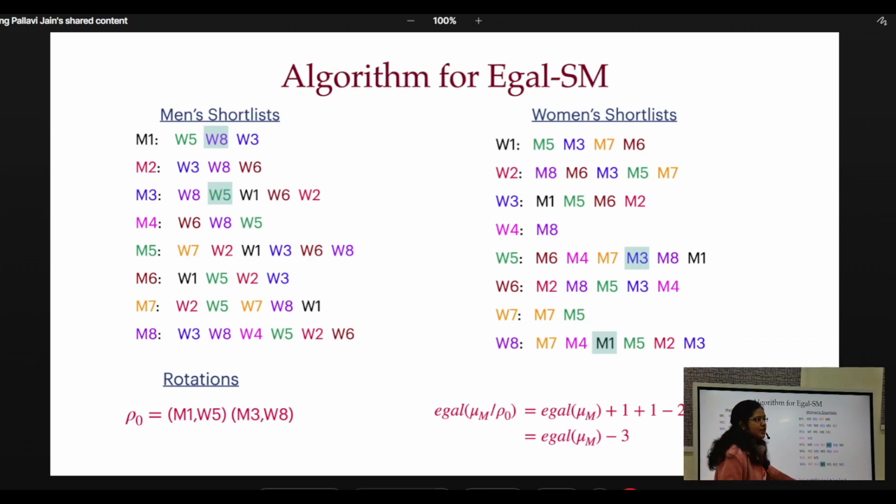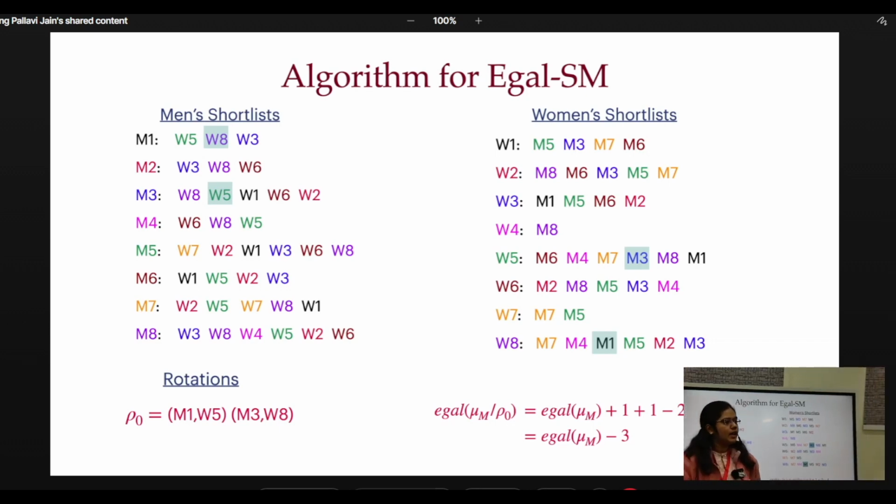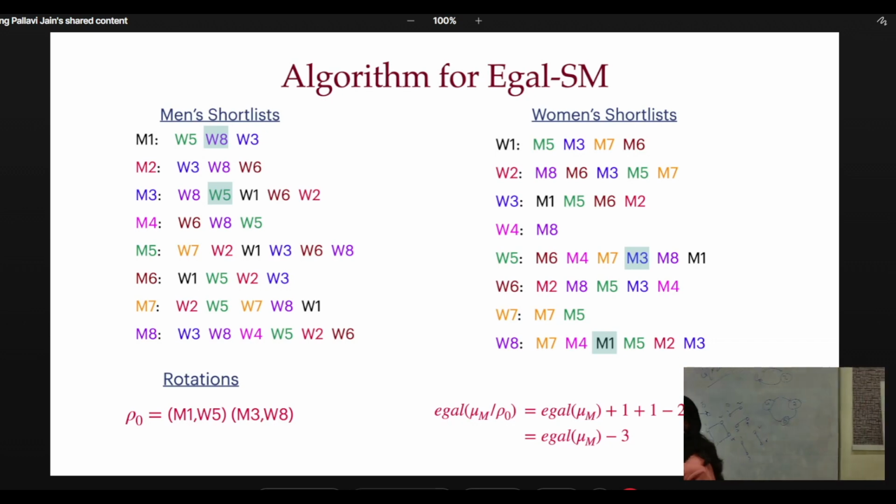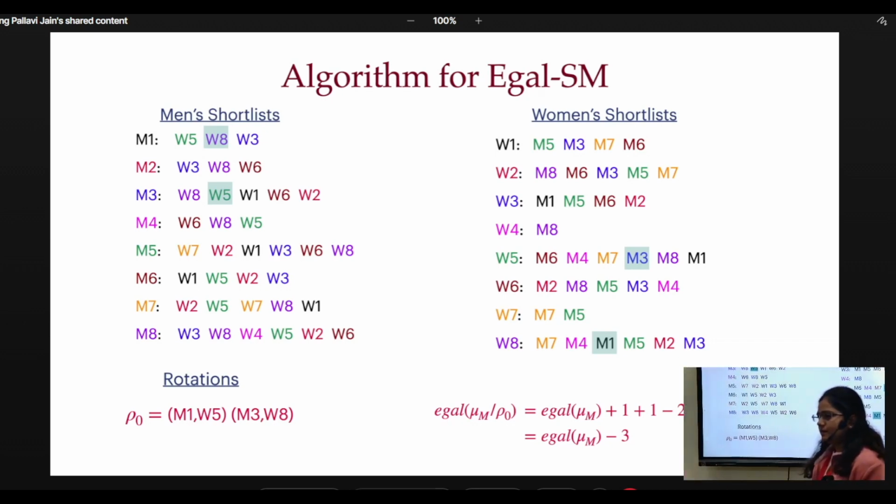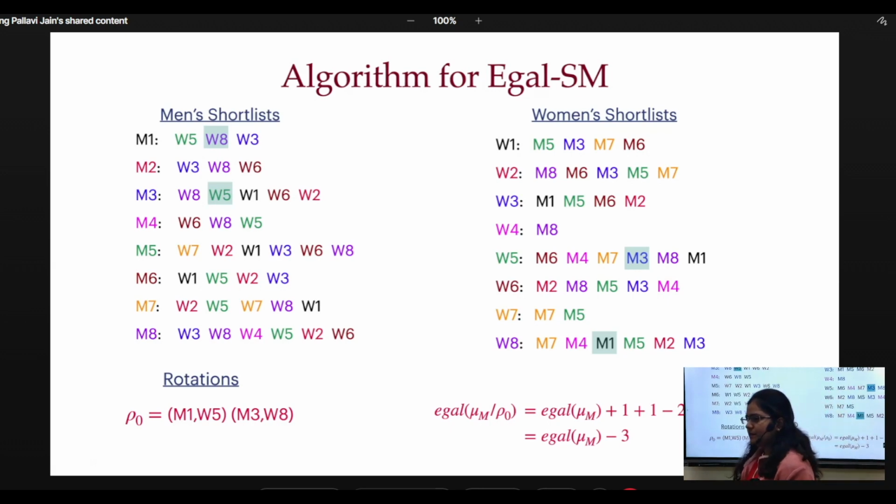So this is basically just a notation that says that you have eliminated rho naught from UM. It's not divided by, it's just a notation. When we have the men optimal stable matching, it will have the maximum egalitarian value always. Why?